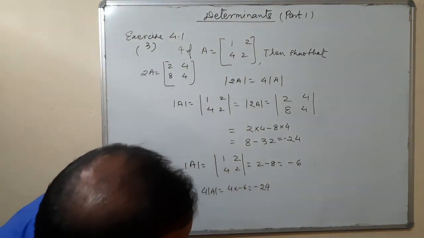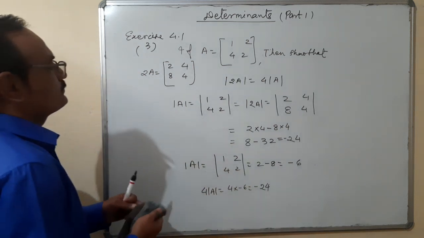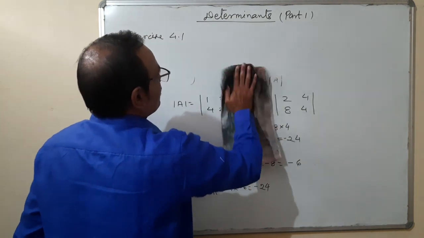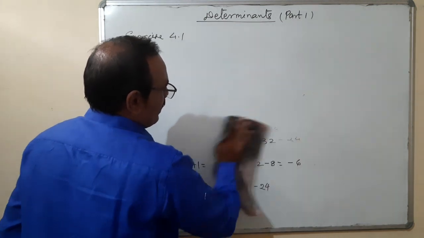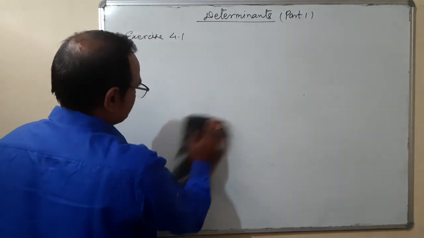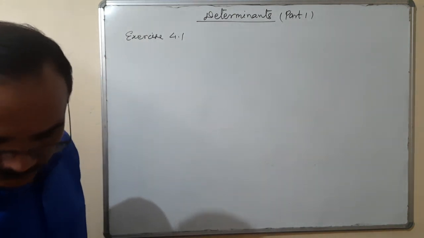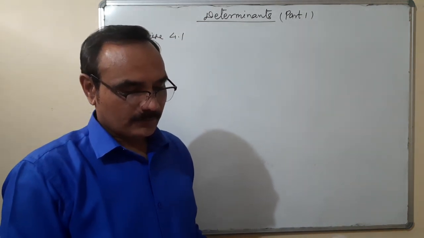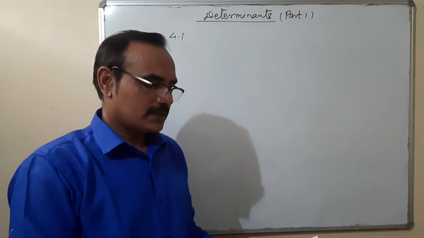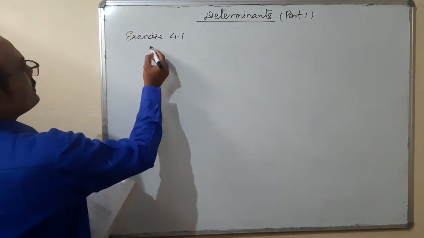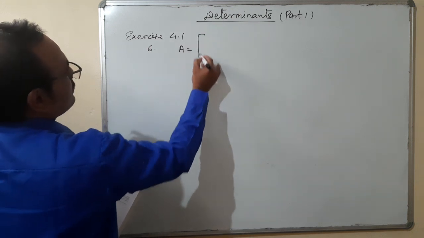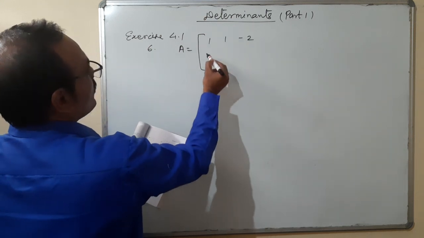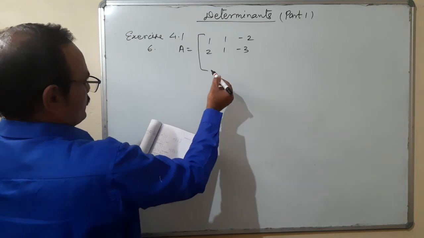Now one question I am taking in the form of 3 cross 3. Like this is a question, sixth question I am taking: if A is equal to the matrix 1 1 minus 2, 2 1 minus 3, 5 4 minus 9.